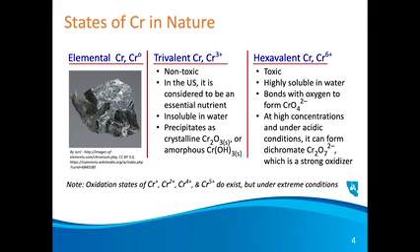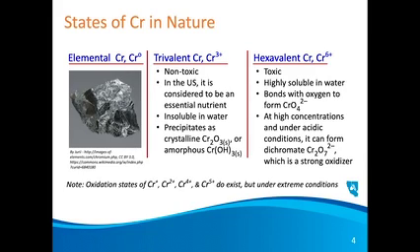Chromium as a natural element exists in a number of oxidation states, but the 3 most dominant ones are the elemental one, which is just the pure element itself and is part of the Earth's crust.